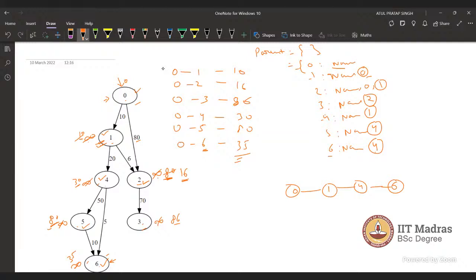For example, if we are interested in the path for 4, we start from 4 and check the parent node, this is 1, and the parent node of 1 is 0. We will repeat this process until we find the parent as the source node. Okay, so we can find this parent information by just containing the parent node when we are updating the weight.